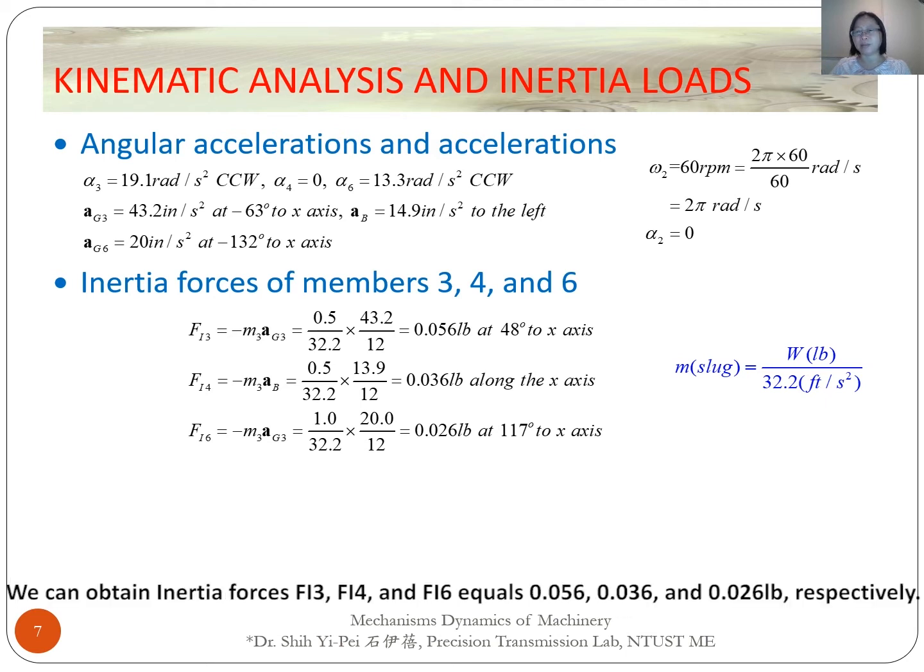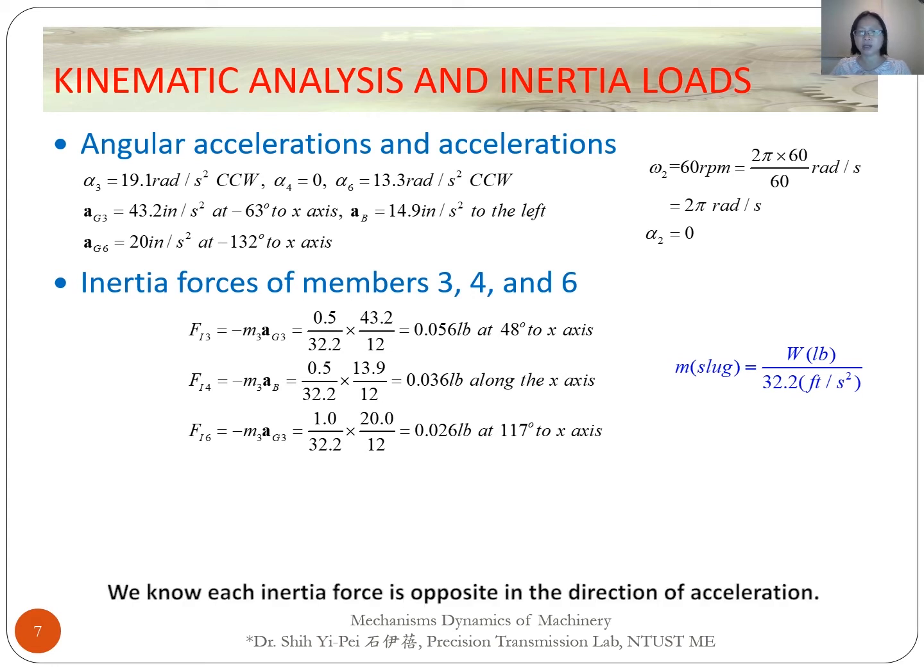We can obtain inertial force Fi3, Fi4, and Fi6 equals 0.056, 0.036, and 0.026 pound-force, respectively. We know each inertial force is opposite in the direction of acceleration.